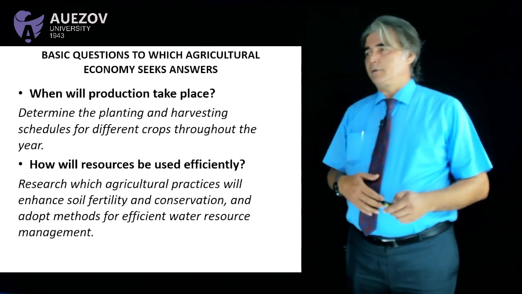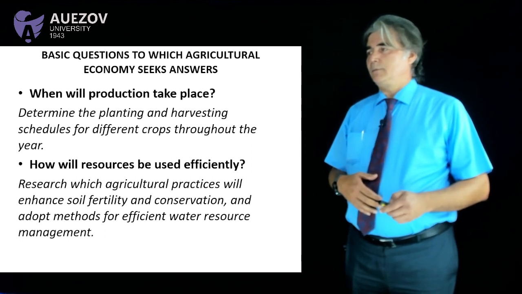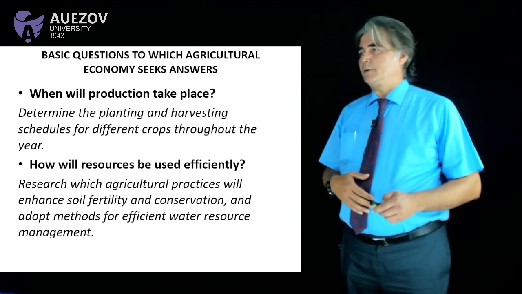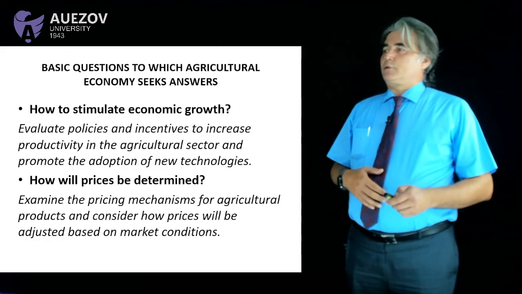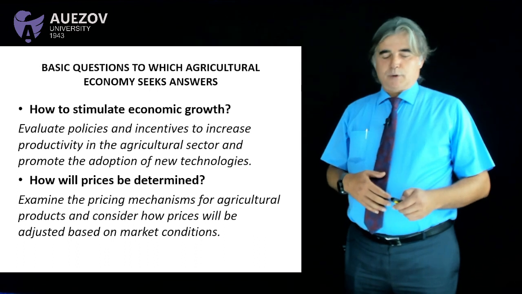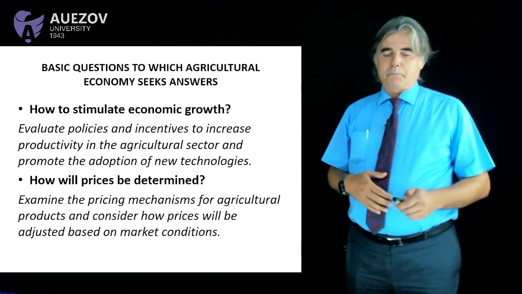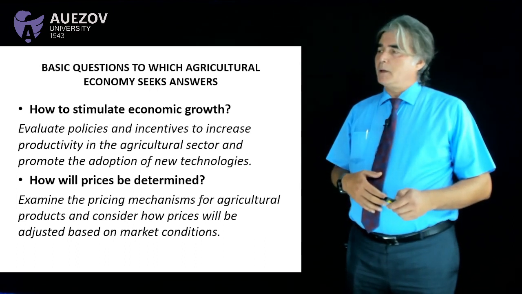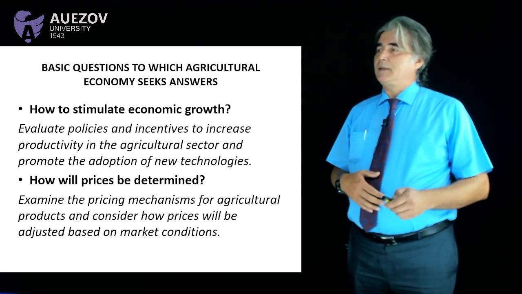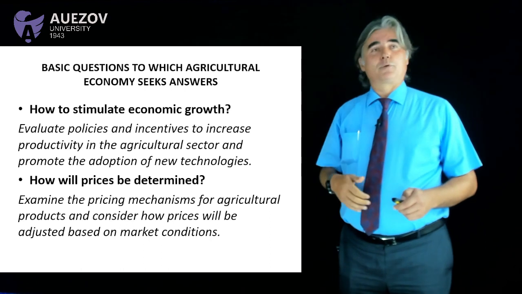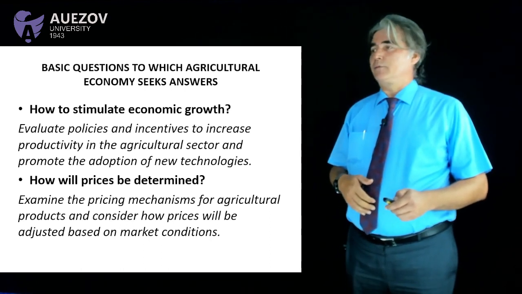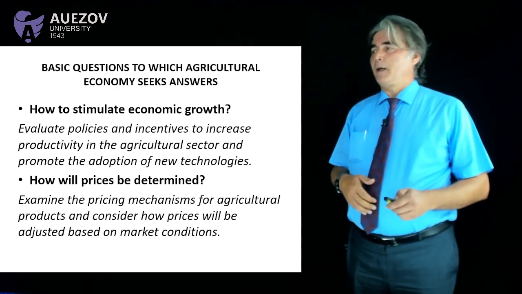You know water is a very scarce product, so we must use water more efficiently. How to stimulate economic growth? Economic growth is important for people's welfare, so we evaluate policies and incentives to increase productivity in the agriculture sector and promote the adoption of new technology.